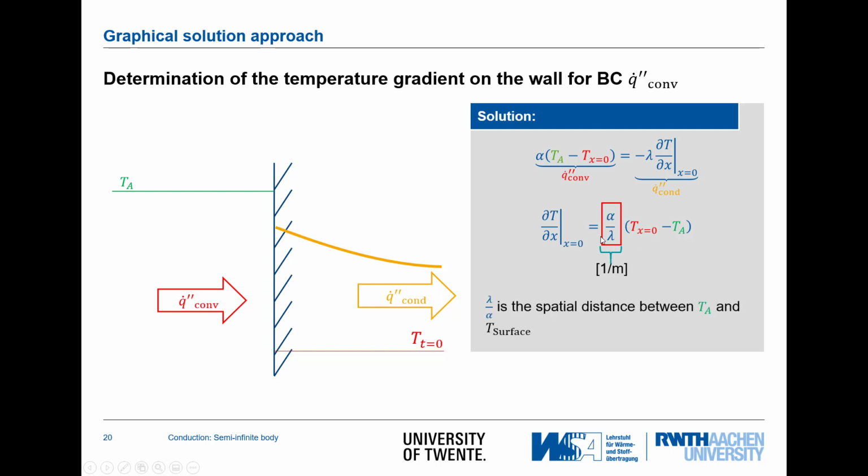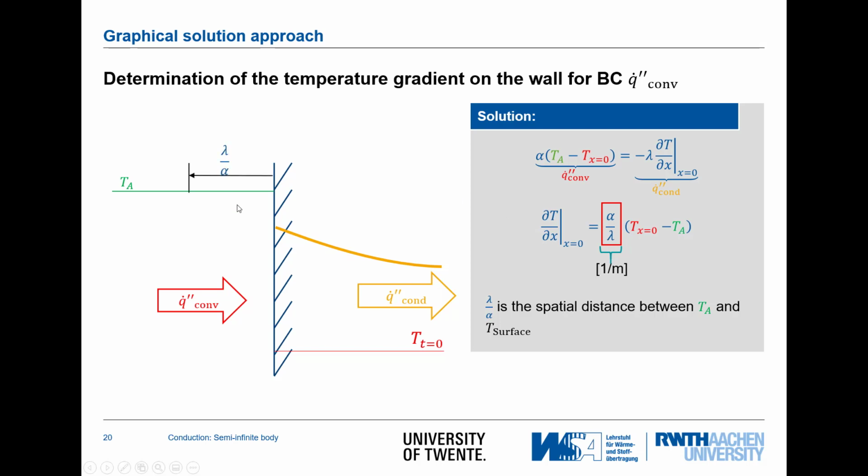So flipping this value, lambda divided by alpha, has a unit of meter and is a spatial difference between the temperature TA and the temperature T surface in order to describe the temperature gradient here.